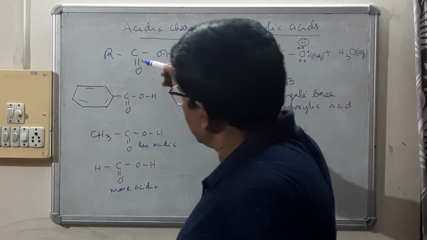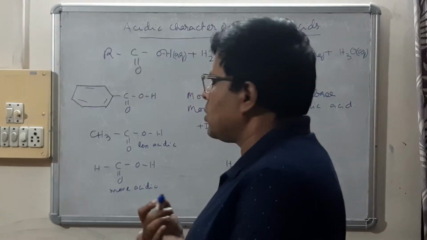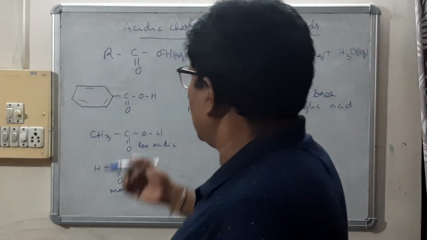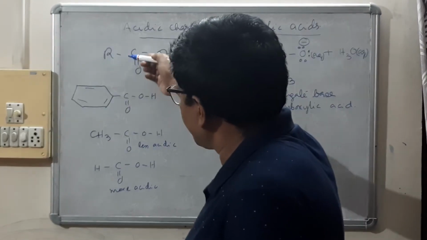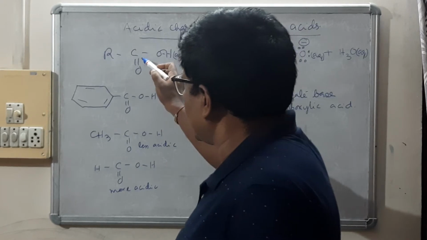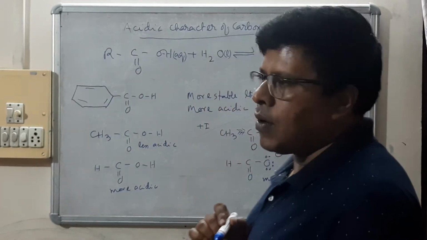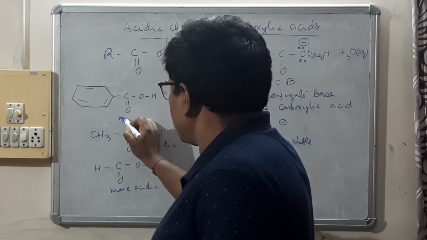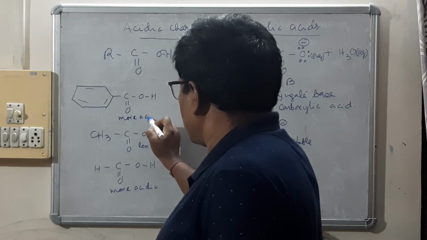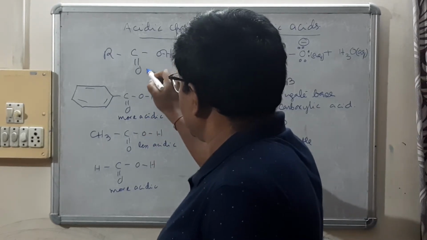So which one is more stable? Between this, which one is more acidic? Aliphatic carboxylic acid or aromatic carboxylic acid? The answer is this one is more acidic. This aliphatic carboxylic acid is less acidic.